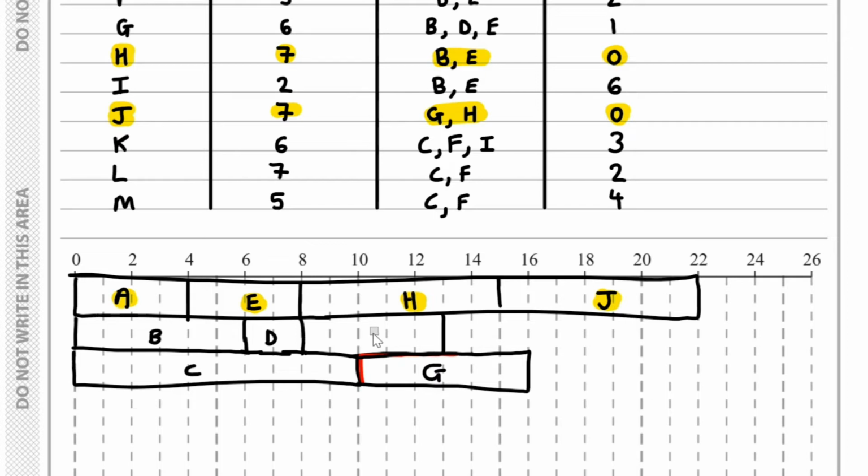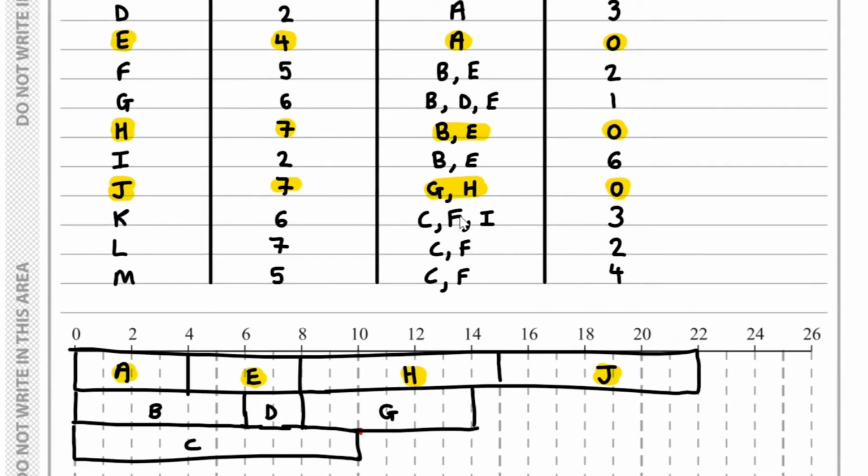So what I'm going to do is instead move those. I want G to go over here instead, and that will take me up to 14, because J needs to start after G and H are completed.